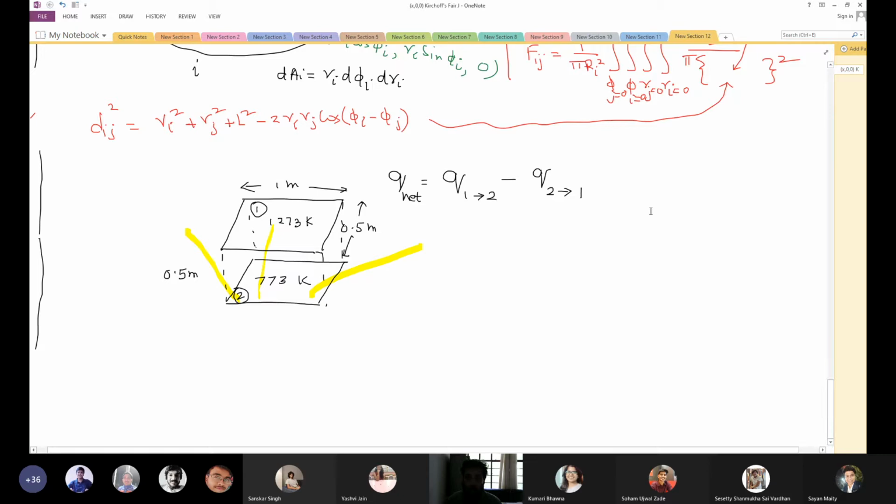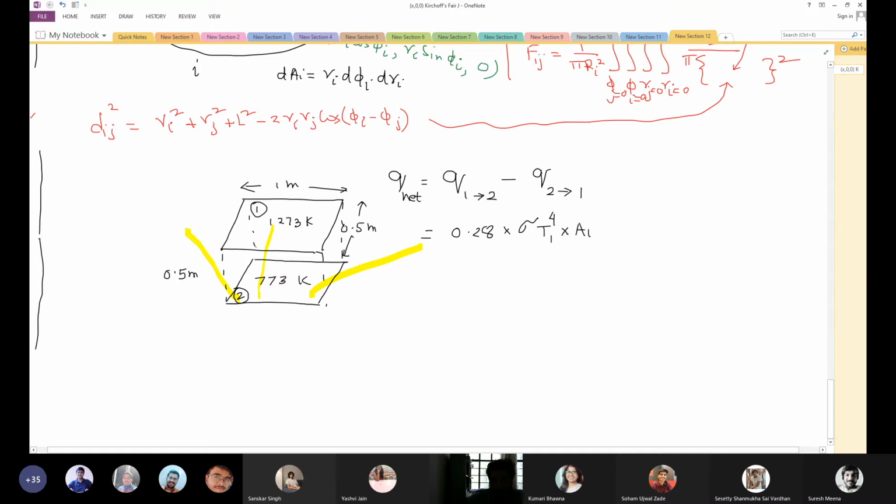Okay, so you should get something about 0.28. So the radiation that is released, Q1 to 2 minus Q2 to 1. See, in both cases the view factor is 0.28, and the amount of radiation per unit area is sigma T1 to the power 4, and total radiation A1.